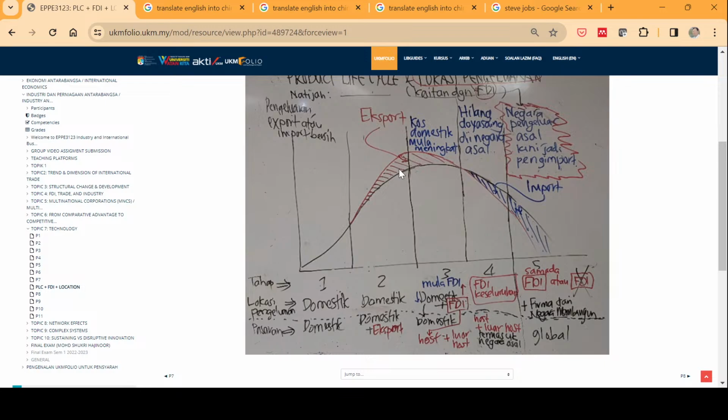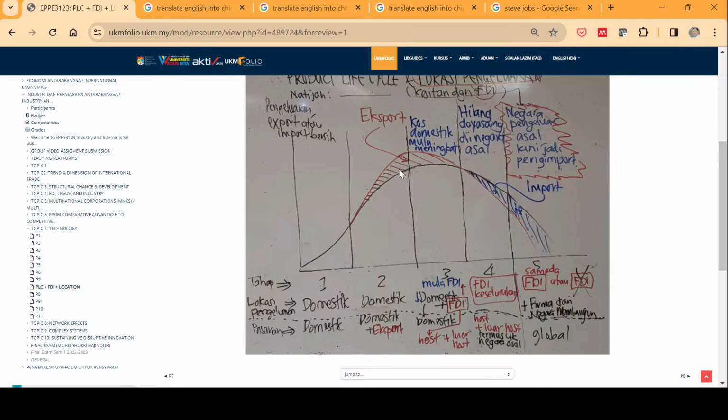So where is the location of production? Still within the country, in the US. What about the market? Both places: in the US, domestic, and being exported outside of the USA.